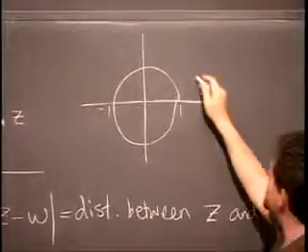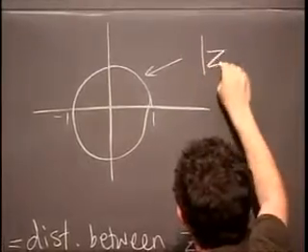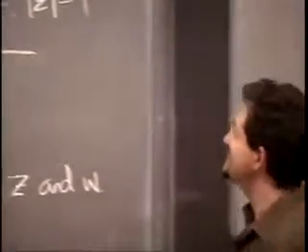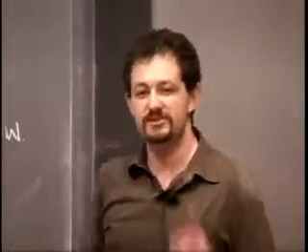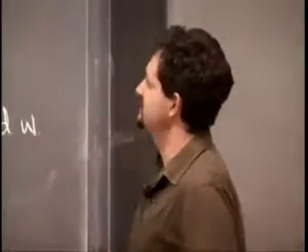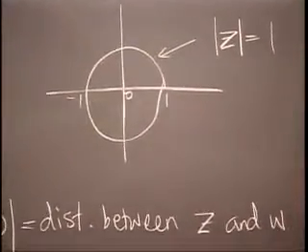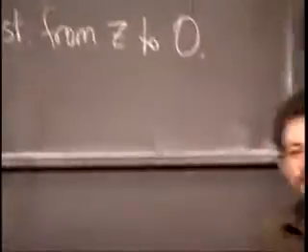And that has equation mod z equals 1. These are all the points whose distance from the origin is precisely 1. Unit circle. All right, so now we've got some idea of the geography of the plane.